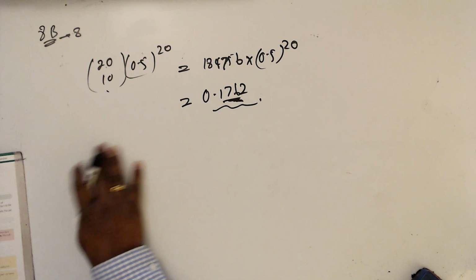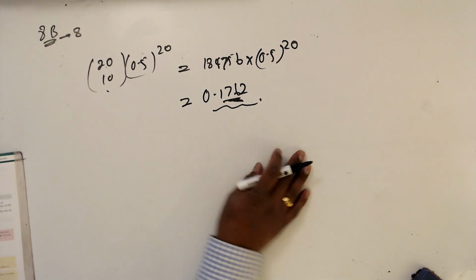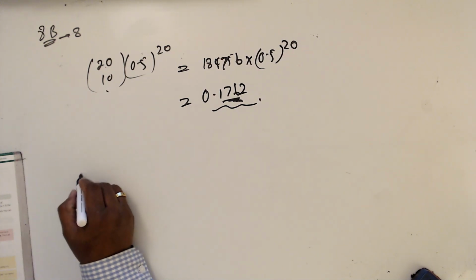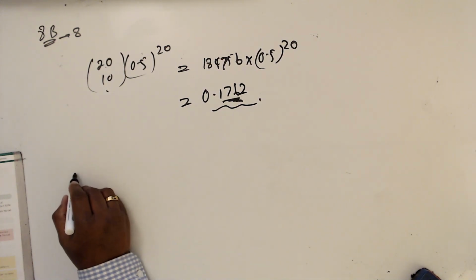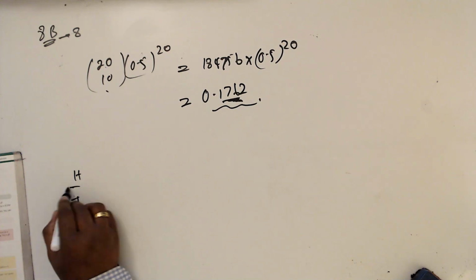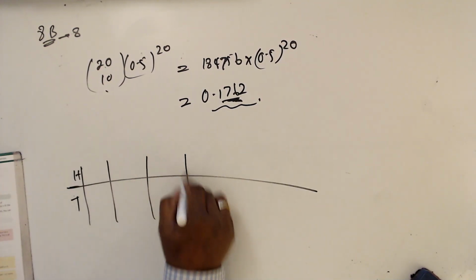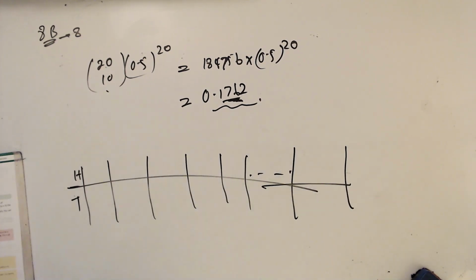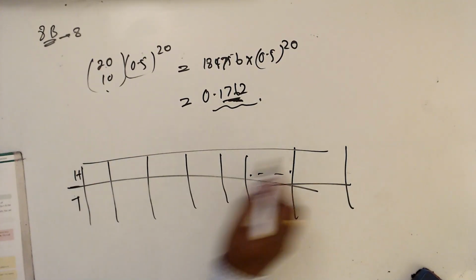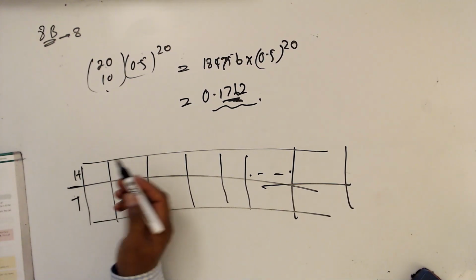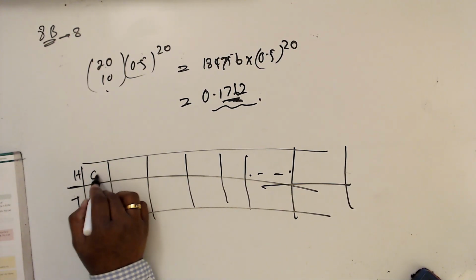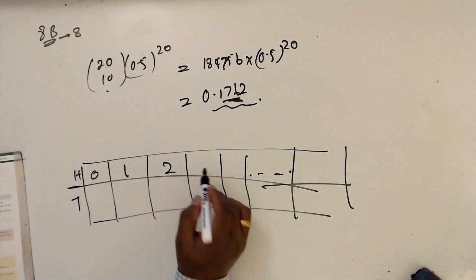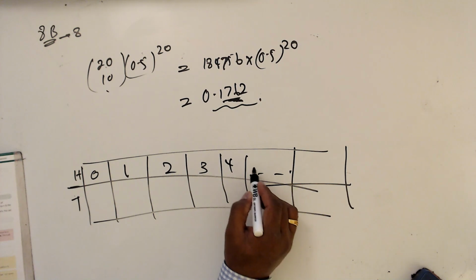This sum is basically about binomial probability. When you toss a coin 20 times, you will get heads and tails. Sometimes in all 20 times you may not get a tail, or maybe one time, maybe 2 times, 3 times, 4 times, and so on.